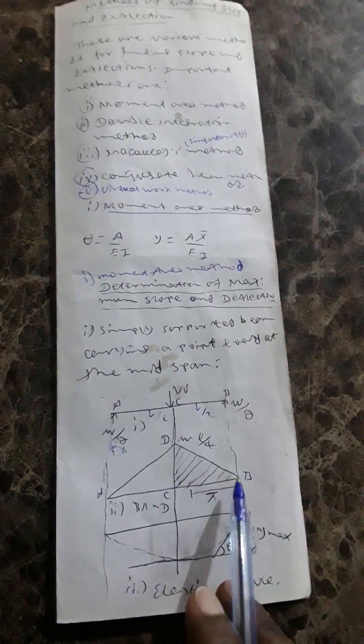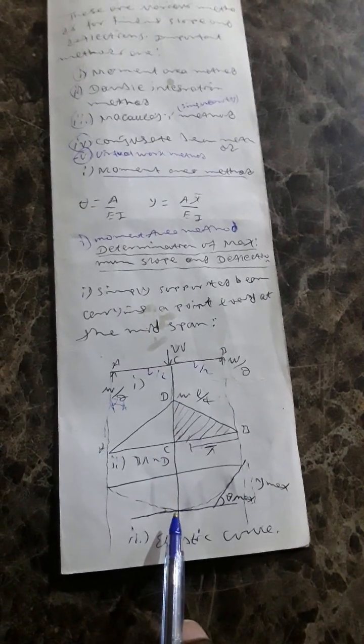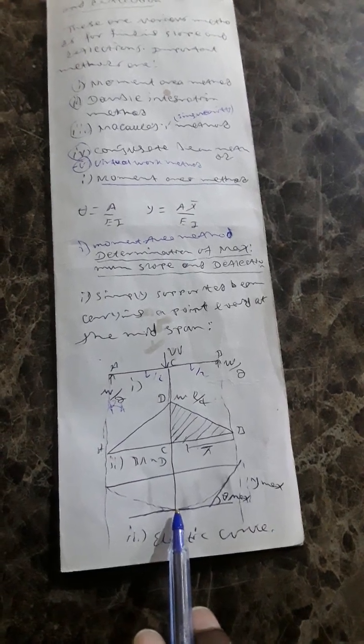This is the bending moment diagram. This is the centroid from B. At midspan, the tangent is parallel to the neutral axis. Slope at this point is 0, because slope is the angle between the tangent at the section and the horizontal.